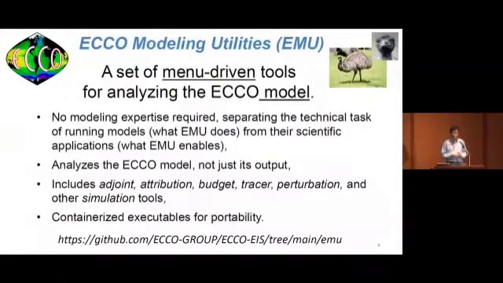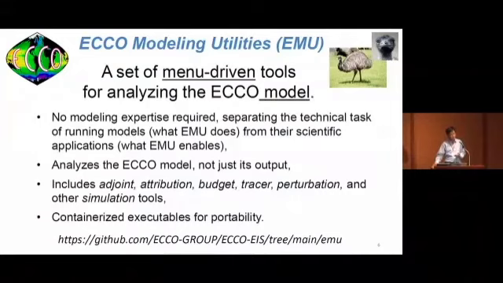To this end, we've developed EMU, the ECCO Modeling Utilities. EMU is a set of menu-driven tools for analyzing the ECCO model. The key words here are menu-driven and model. Being menu-driven, the tool requires no modeling expertise, similar to Apple computers, which have always been easy to use without a manual.